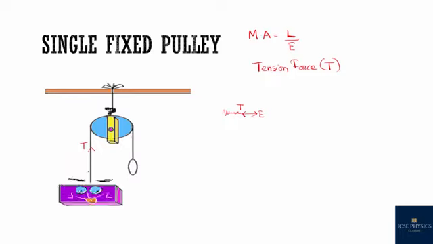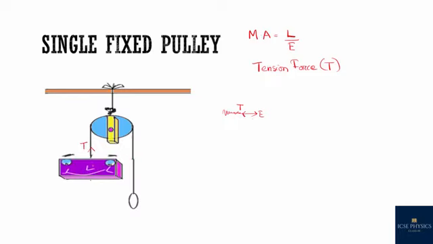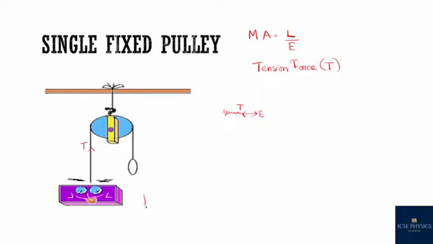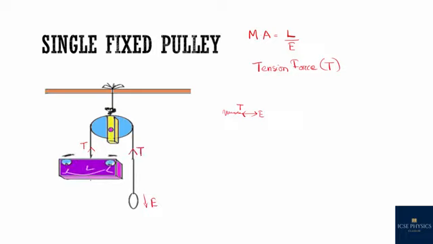So if the load is being pulled down by the rope, how will the tension force act? It will act upward. Similarly, effort is applied in this direction, so what will be the tension force? Again upward, right? Now let's see, at equilibrium position, what will happen?